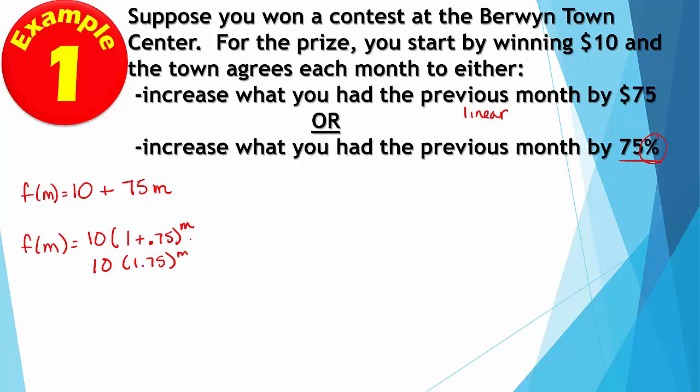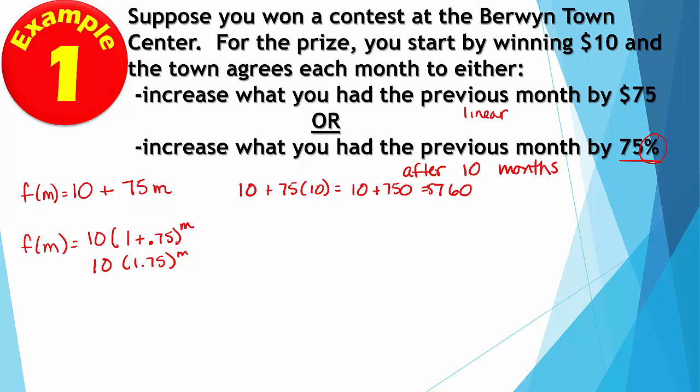Okay, so we know that m is 10 because we want to know after 10 months which one would give us more. Okay, so the first one, 10 plus 75m, we replace m with 10, which is 10 plus 750, which is 760.